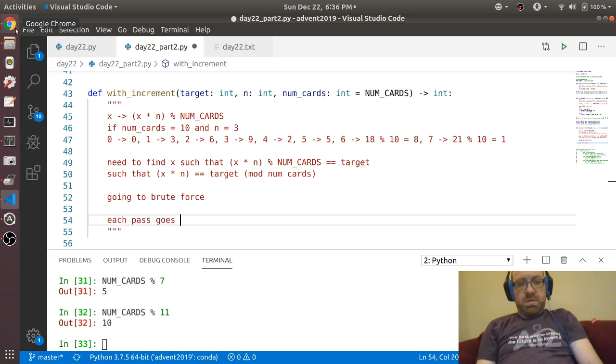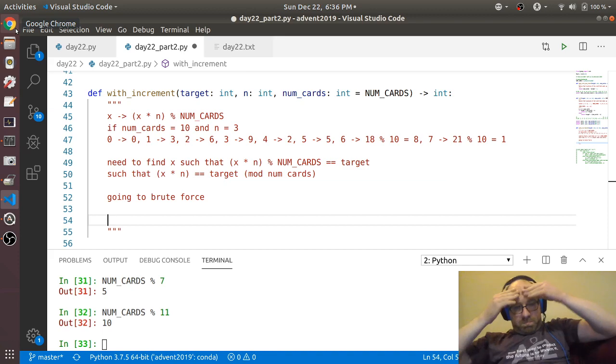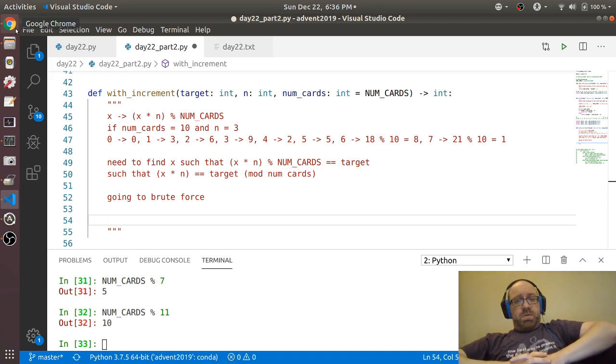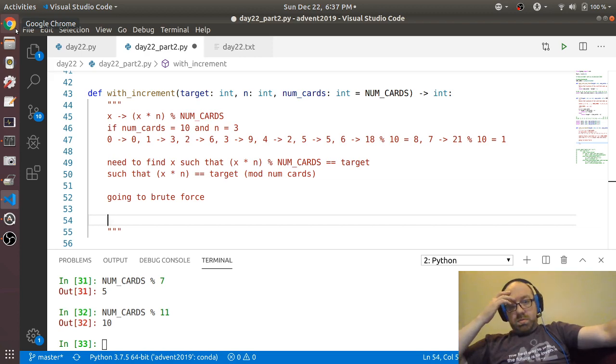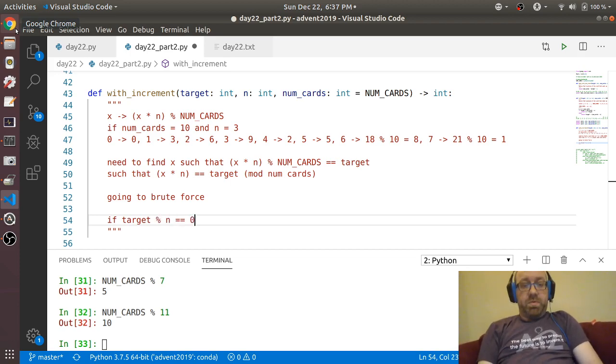Each pass goes, no. What am I saying? I'm saying that I take a pass through, and I know that if target mod n equals 0, return target divided by n.